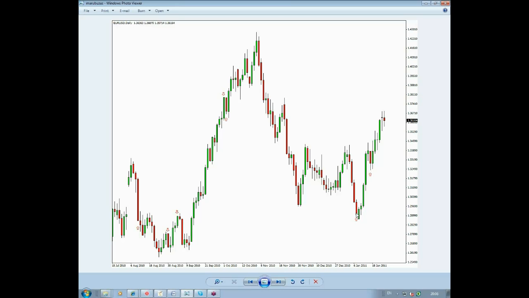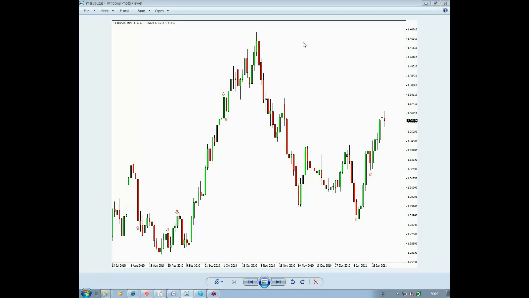We have 3 kinds of Marubozus. We have the opening Marubozu, the closing Marubozu, and the full Marubozu. What are the differences and how can we benefit from them? An opening Marubozu means that the open price, for example in a red candle, would be the high price.